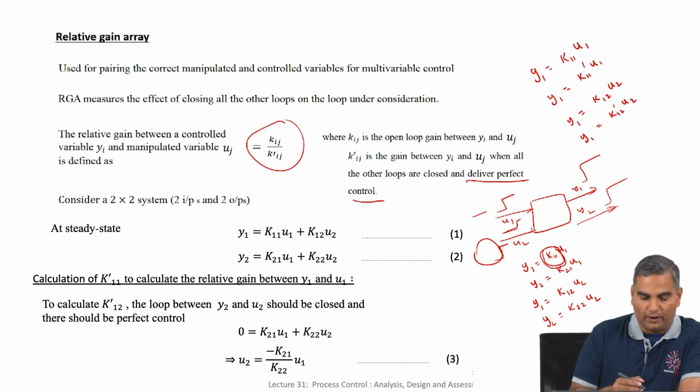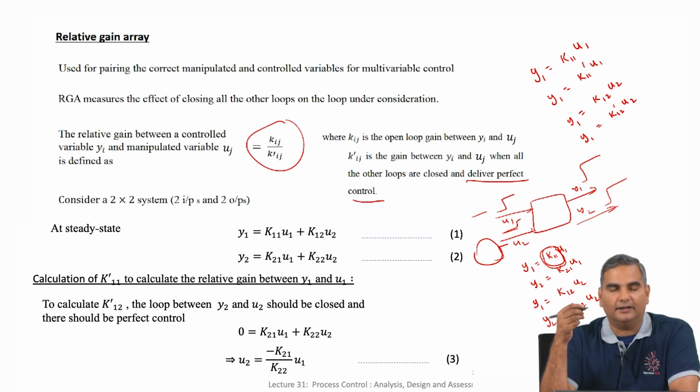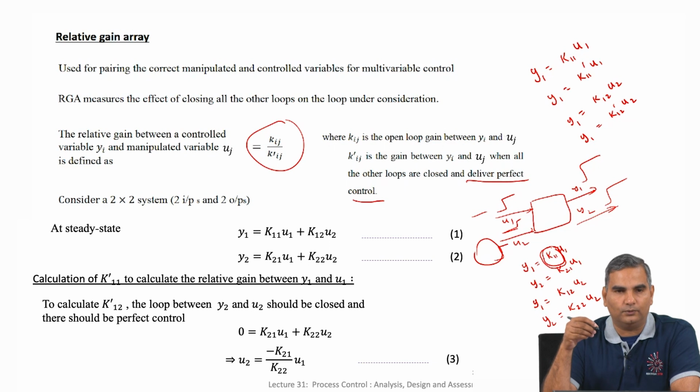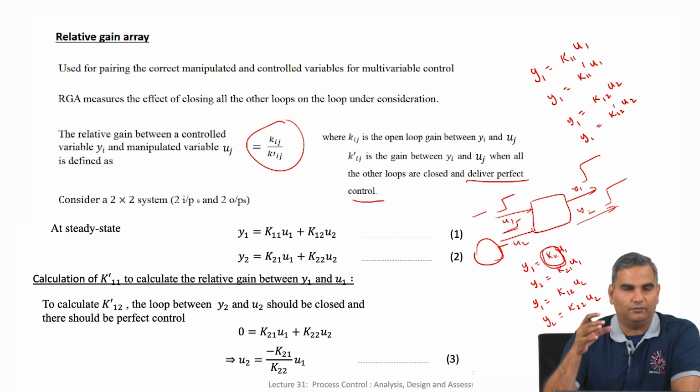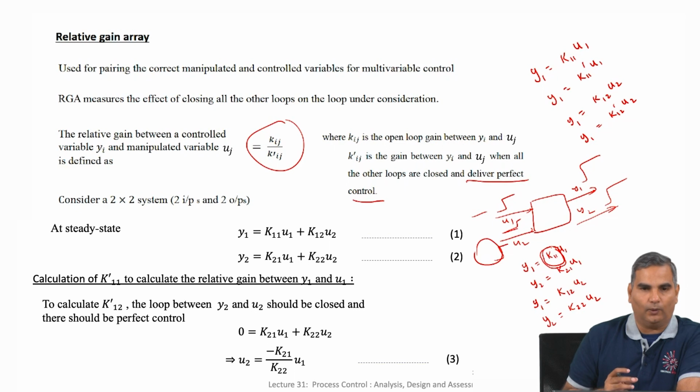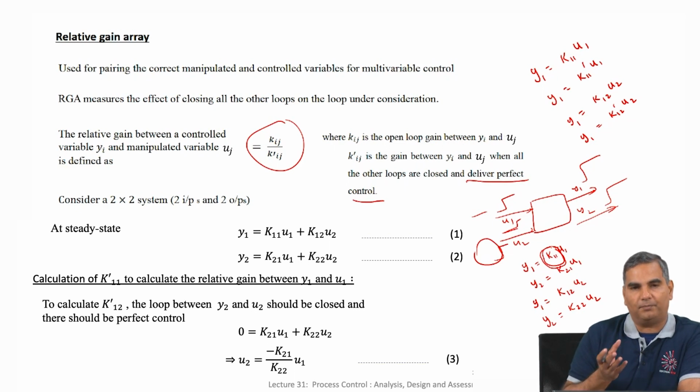Since I am looking at y1 and u1, the other loop becomes y2 and u2, and if the other loop has perfect control, we are talking about from a disturbance rejection viewpoint here, we are not talking about changing set points and so on. So, when we talk about perfect control for the other loop, that means y2 would have been initially having a value of 0, and perfect control means it should stay at 0.